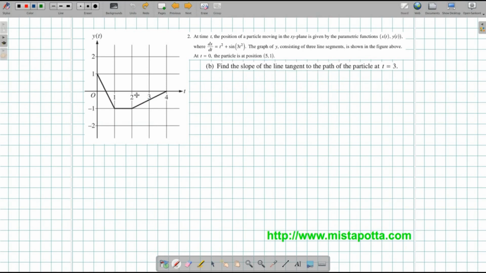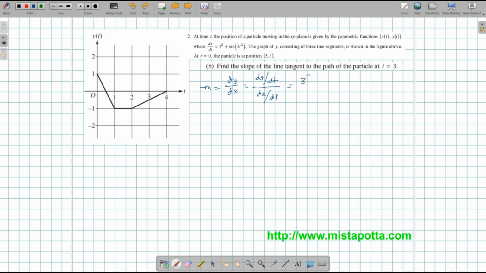So I found the position. Now I need to look at slope. Remember that slope is going to be the change in y over the change in x, but because we're parametric here, this is really going to be dy/dt over dx/dt. So I need to figure out what dy/dt and dx/dt are when t equals 3, and that just means substituting 3 into this function.